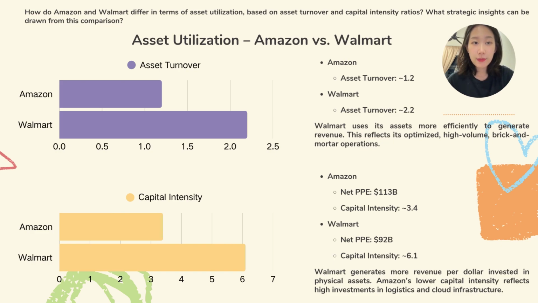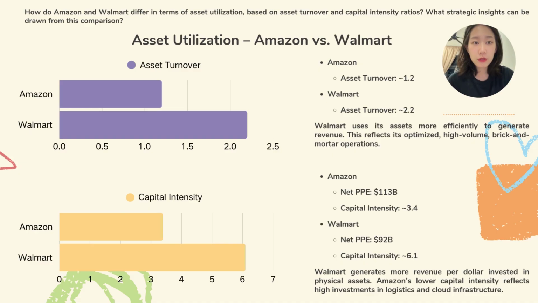Now let's look at capital intensity, which measures how much revenue is generated per dollar of physical assets. Walmart again appears more efficient with a capital intensity ratio of 6.1 compared to Amazon's 3.4. In other words, Walmart generates more revenue per unit of investment in physical infrastructure.